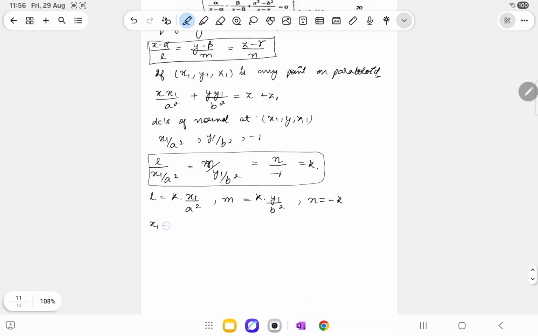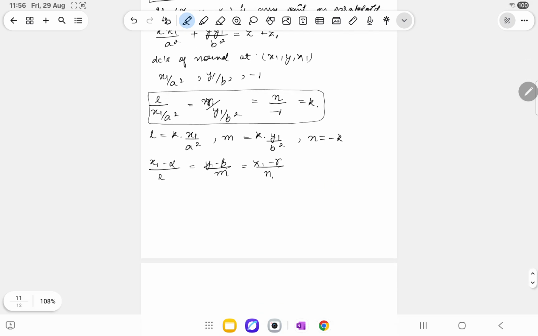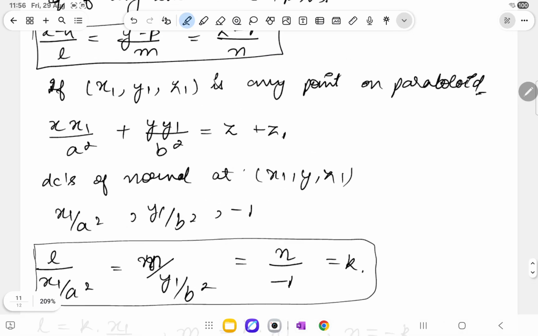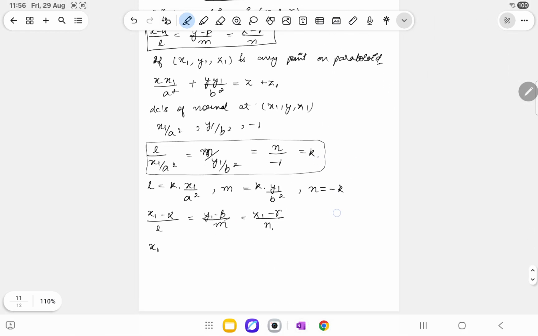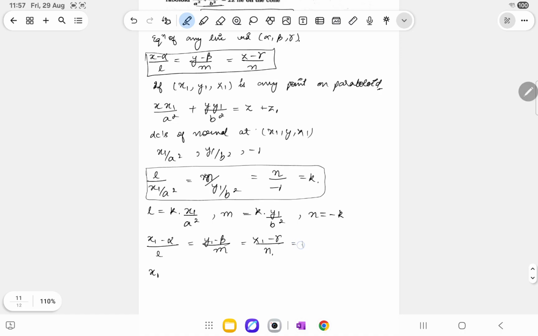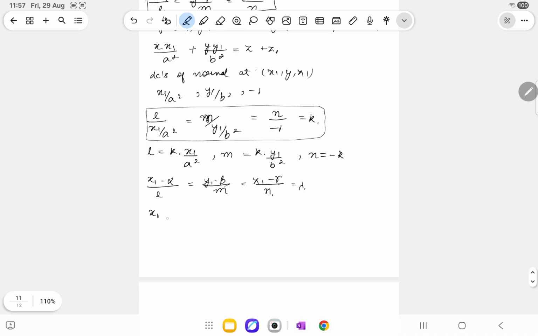Using that, I'll get (x1 minus alpha) by L is equal to (y1 minus beta) by M is equal to (z1 minus gamma) by N. Then x1 will be the foot of this normal, and I can calculate it by equating it with some term lambda, so that I get x1 as a square alpha upon a square plus lambda, y1 as b square beta upon b square plus lambda, and z1 as gamma plus lambda.